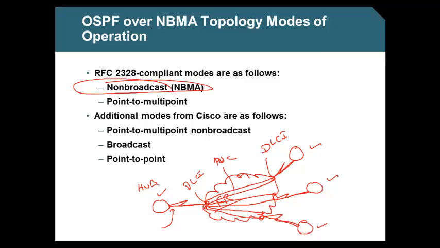And all that you learned yesterday in the previous class about non-broadcast: for the OSPF non-broadcast type, neighbors need to be statically configured. There is no dynamic discovery of neighbors. There will be a DR-BDR election.